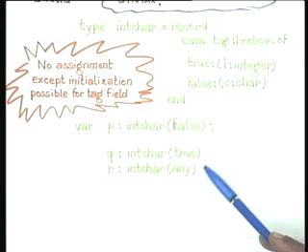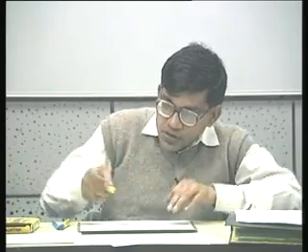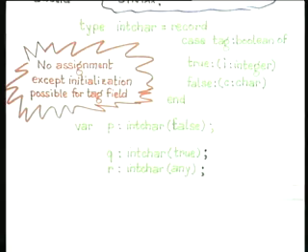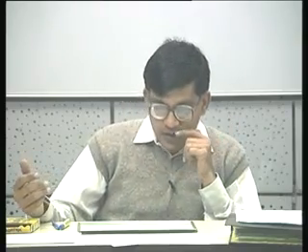So, the natural question is, can I do this? Can I first, in the main program, assign a value to p, assign that p to r, and assign that r to q? Thereby I would have again violated that, I would have moved from one component of the disjoint union to the other.